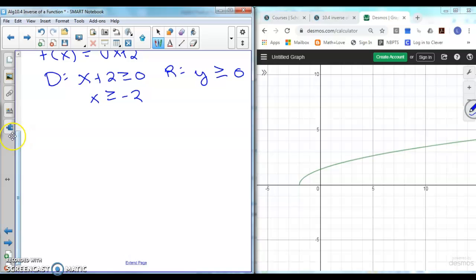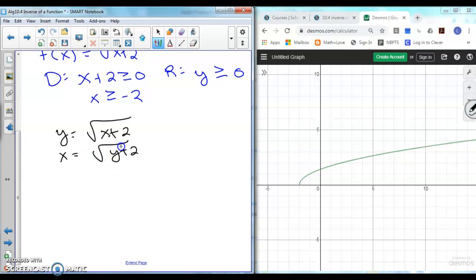Extend the page. All right. So our original function is y is equal to the square root of x plus 2, right? How do we find the inverse algebraically now that we know that the inverse is a function? We switch the x and the y around, then we get the y by itself, right?